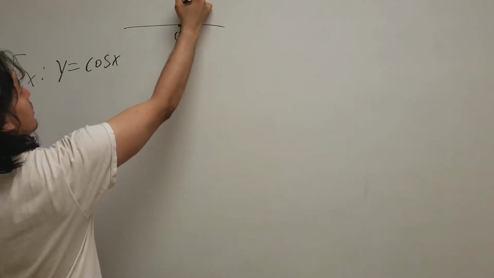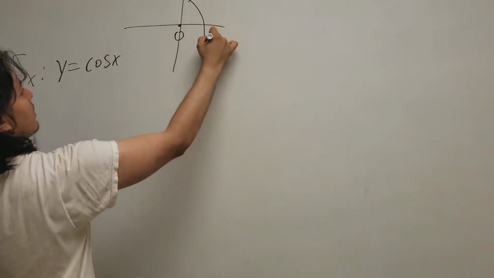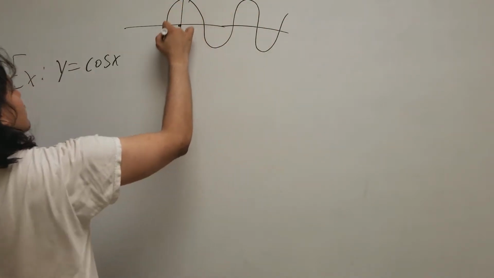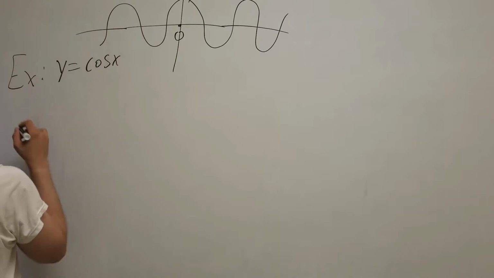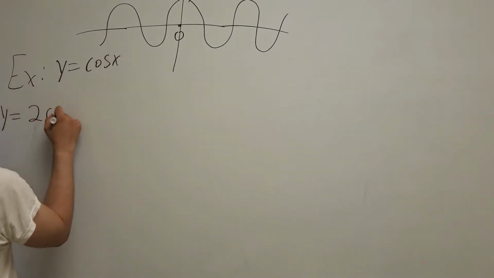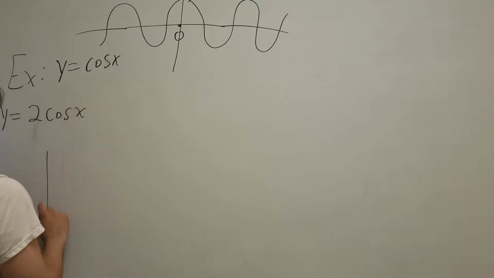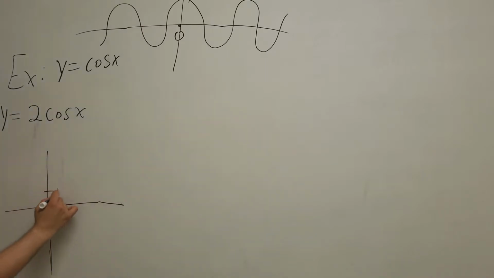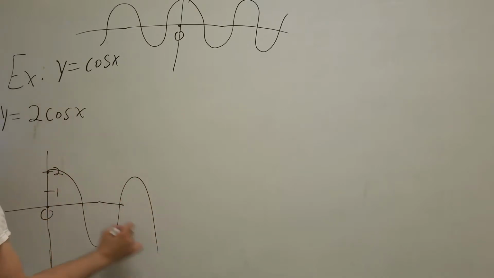It starts at 1, goes down, then up, and repeats the pattern. Now, let's say I gave you y equals 2 cosine of x. Instead of starting at 1, you start at 2, and then continue to draw the cosine function in this fashion.